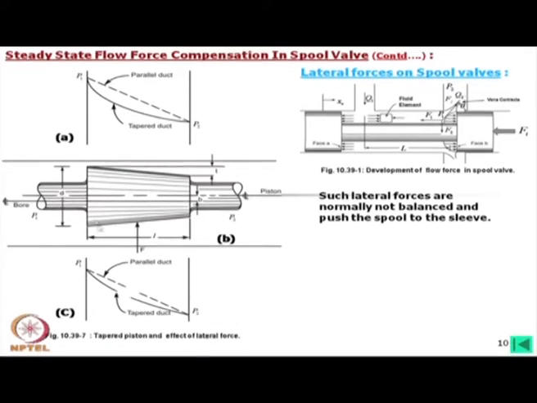And on the other side, this is also some parabolic shape, but we can see that there is a difference. Difference is due to that opening area. This means that due to this there will definitely be a lateral force in these directions. But if it is perfectly parallel, due to this flow there will be no lateral force.